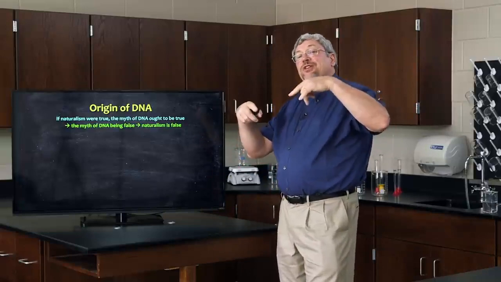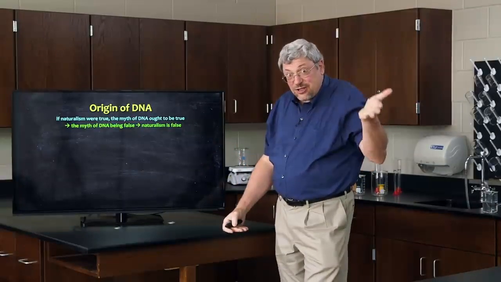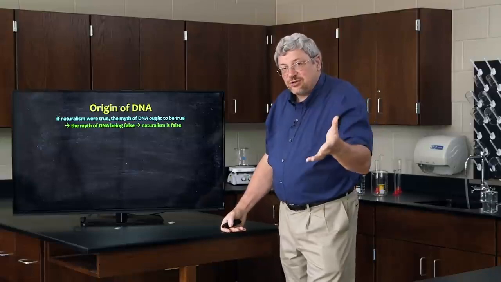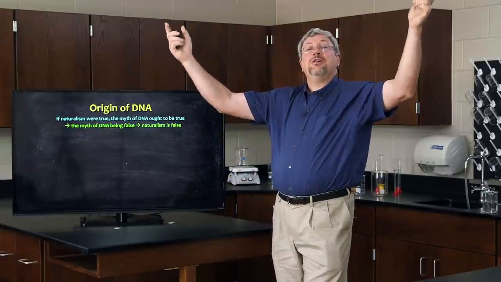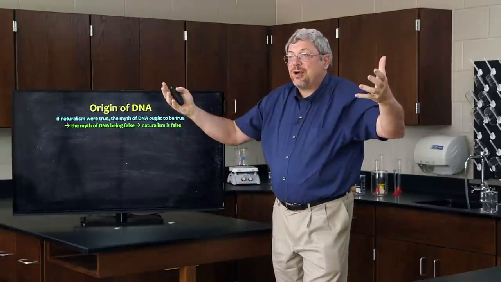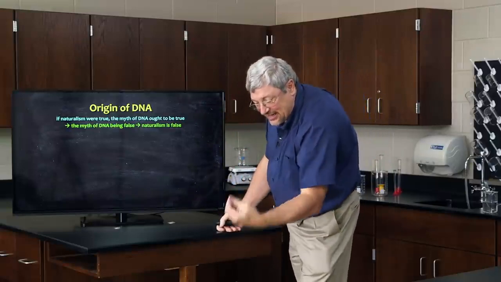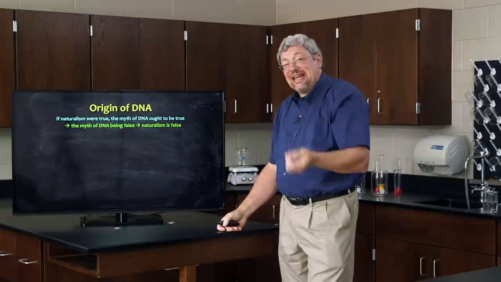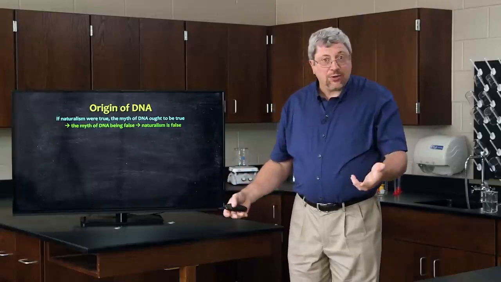So if you could understand the DNA and you believe in reductionism, in naturalism, it ought to be that you understand the whole organism. There are no emergent properties that the organism has that can't be found in the DNA. Somehow the DNA should contain all the information necessary to build the organism.